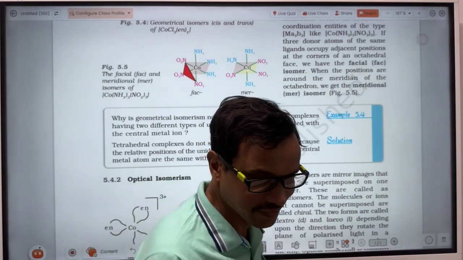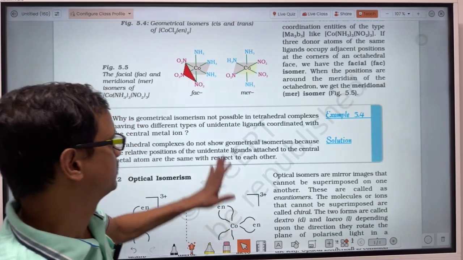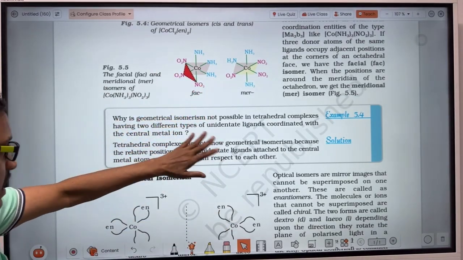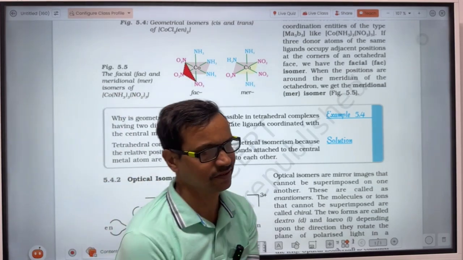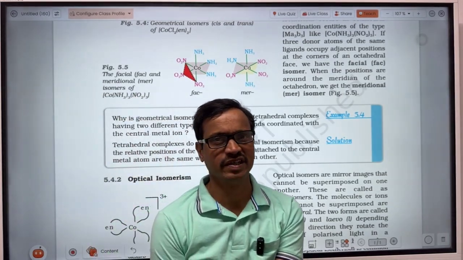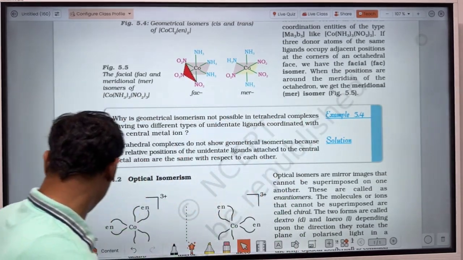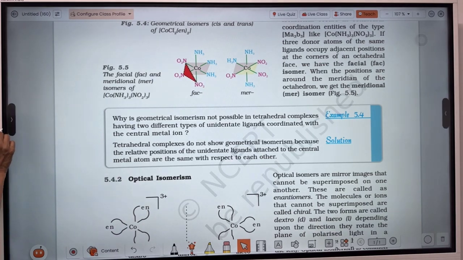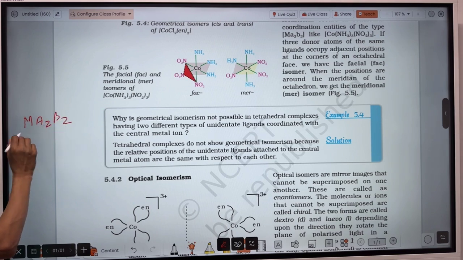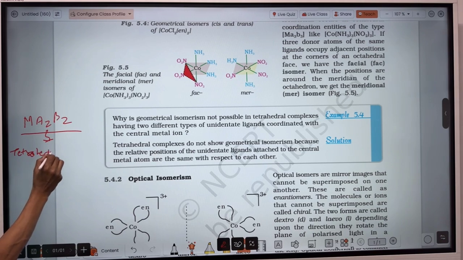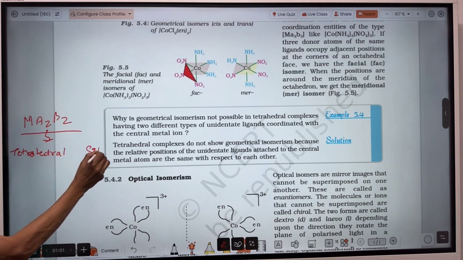Okay, any problem, guys? So that was about facial and meridional, and that was why the tetrahedral complex does not show geometrical isomerism, like the Ma2B2 type. In case of compounds having the Ma2B2 type, the shape may be tetrahedral as well as square planar.